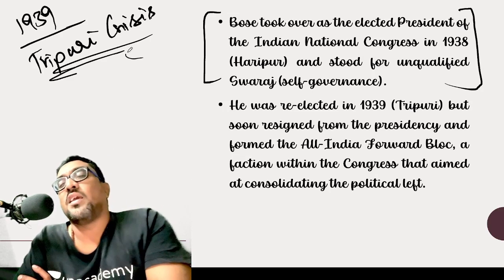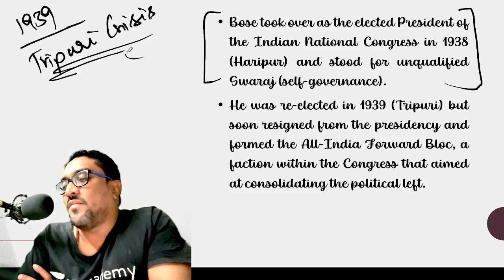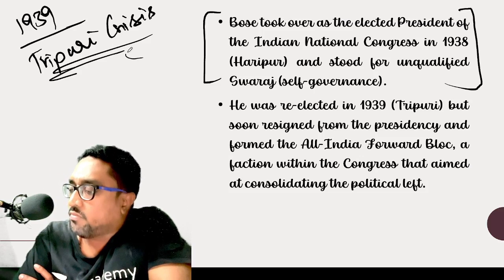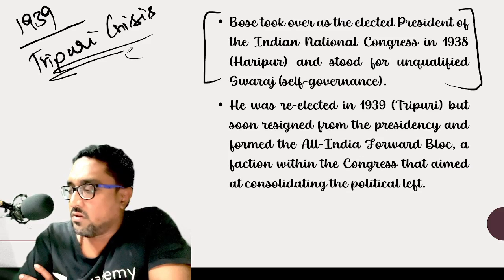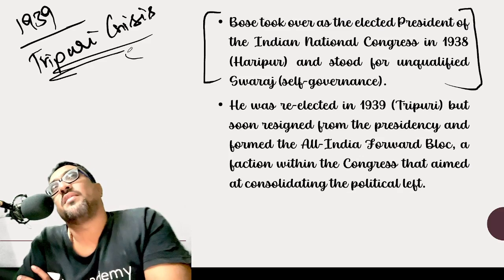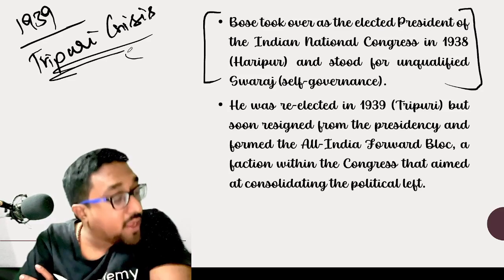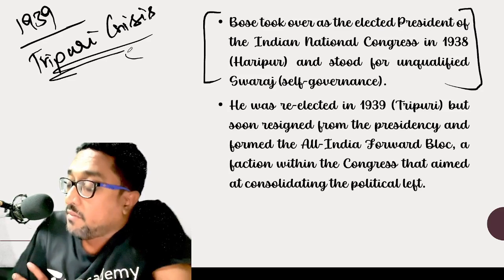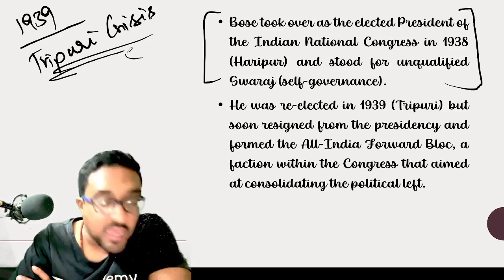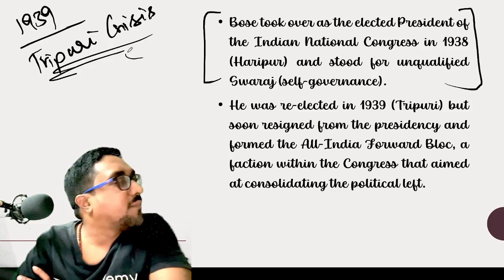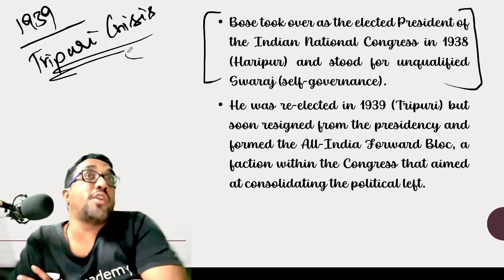But eventually in 1938, Congress members did not prefer to resign and give up. In 1939, during the Congress presidency campaign, Bose blamed many senior Congress leaders as being selfish and power hungry, which naturally the Congress Working Committee did not like.